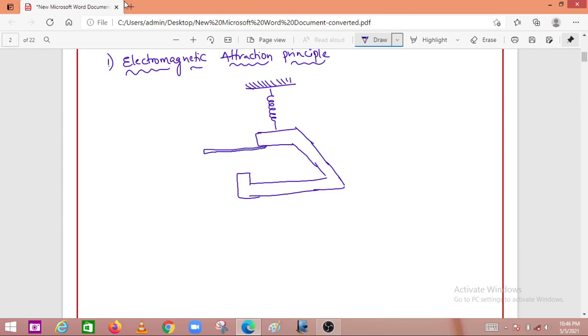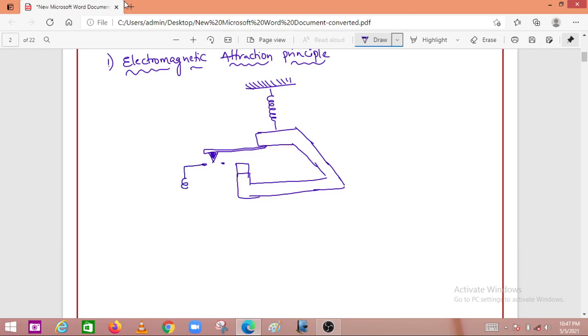Okay, and this plunger has the contact like this, which is able to connect the trip coil.